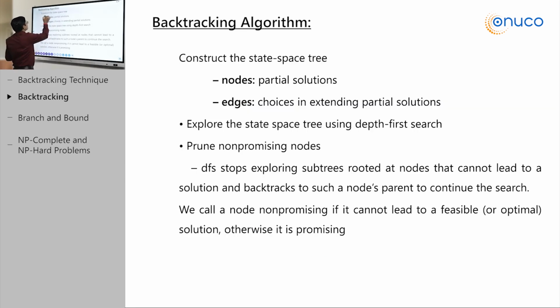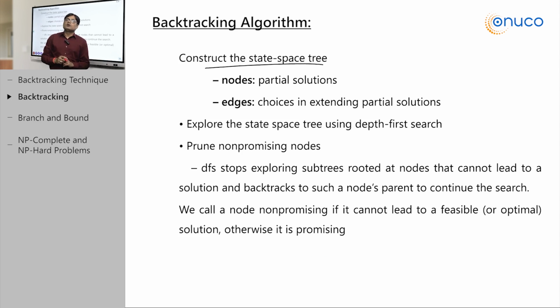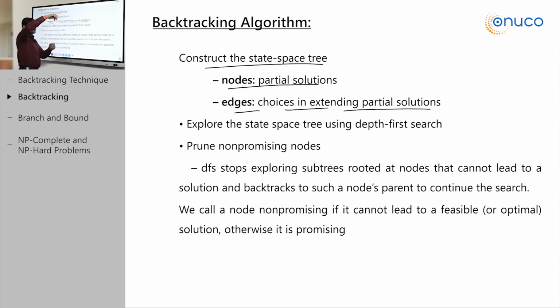Let us see what the main part of this algorithm is: to construct a state space tree. This state space tree will tell you whether solutions are there or not. We represent it in the form of a state space tree. Here we have nodes, which are the partial solutions, and edges, which are choices in extending partial solutions, as we have nodes and edges in a graph.